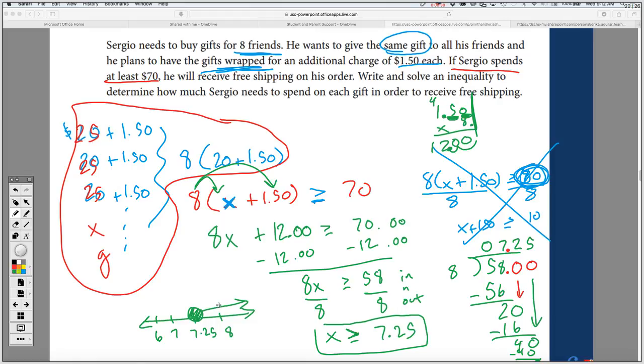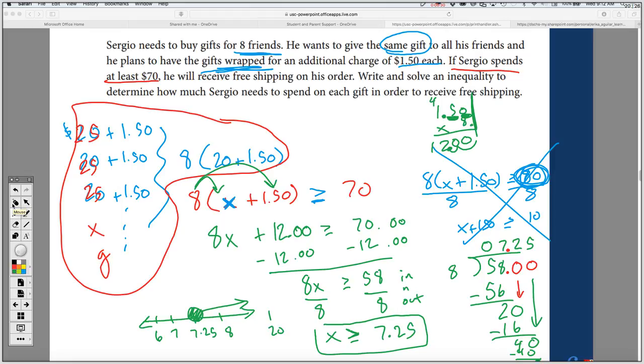Good. So he could say any number to the right, $20, $100, $1,000 per gift, and you'll get free shipping. Good job. Any questions? Okay, go ahead and go to the next one. I'm going to leave this on there for a second so people can copy it.